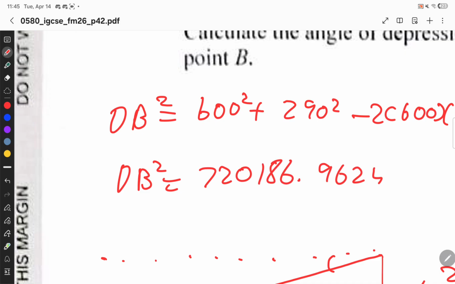We take the square root of 720,186.9624. Oh my god, square root, not cube root.